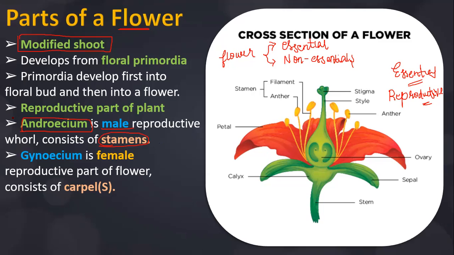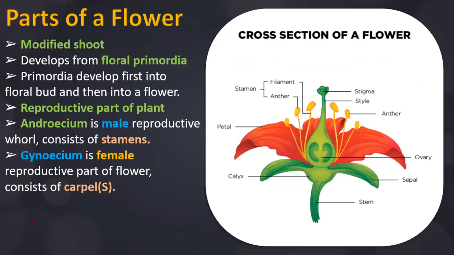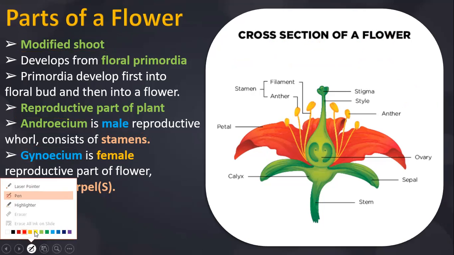Gynoecium is the female reproductive part of the flower, consisting of individual units called carpels. The non-essential whorls are the green colored covering, that is the sepals, and the brightly colored area, that is the petals. So sepals and petals are the non-essential whorls of the flower, and Androecium and gynoecium are the essential whorls.